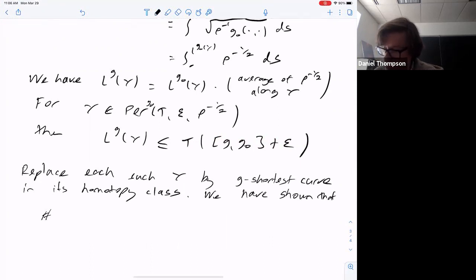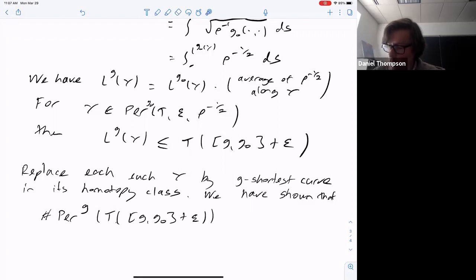We've shown that the number of G closed geodesics with length up to this number is large. Every gamma that we did this procedure with gave us a G closed geodesic with length bounded above by this number.